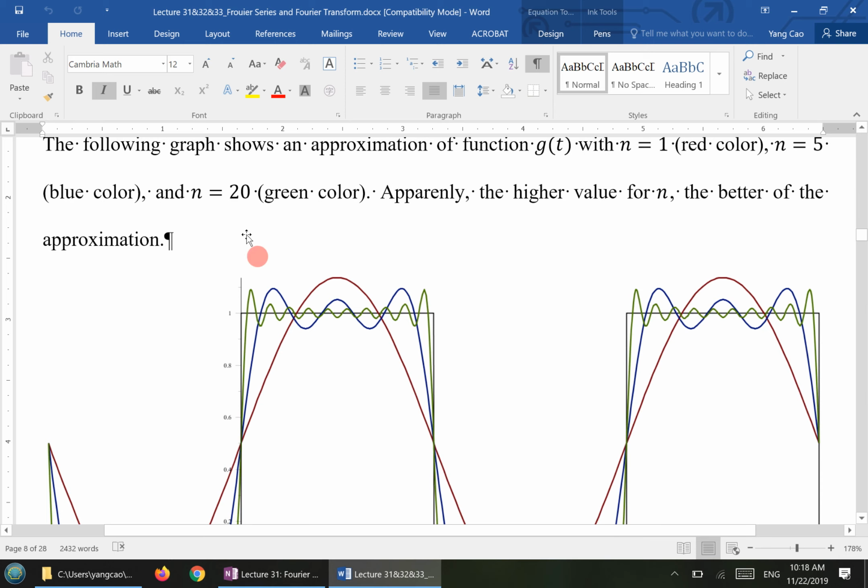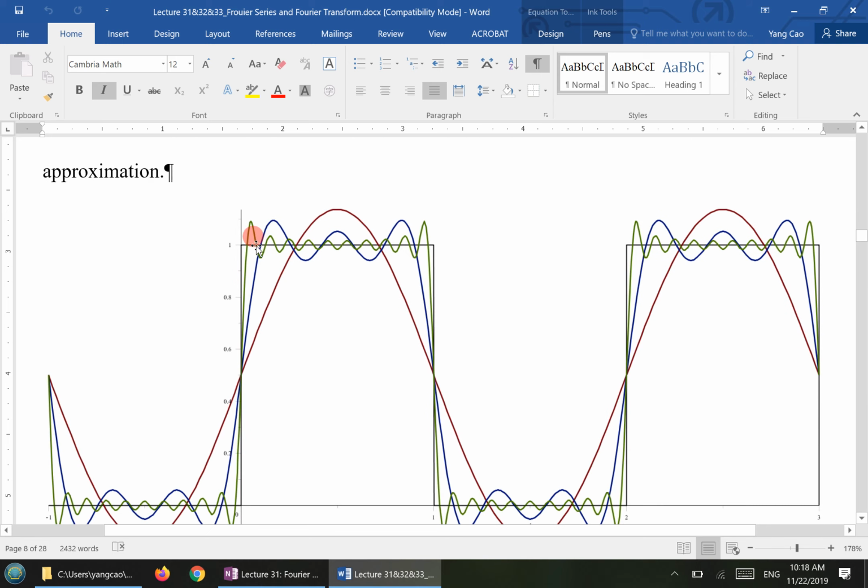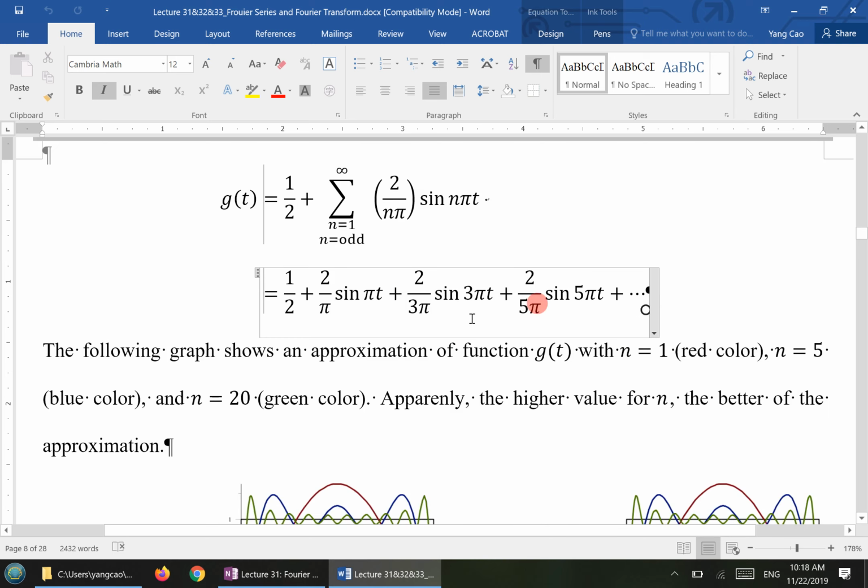And if you plot the first 20 sinusoidal terms, then you get the green color curve here. So now you can imagine, right? The more you add, the curve, which is basically the right side expression, will infinitely approach g of t. Okay. So that's the idea of a Fourier series.